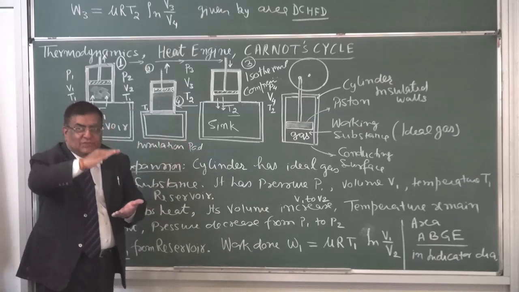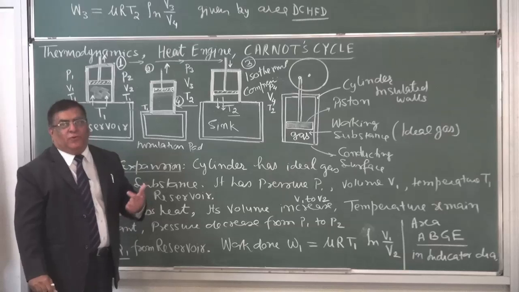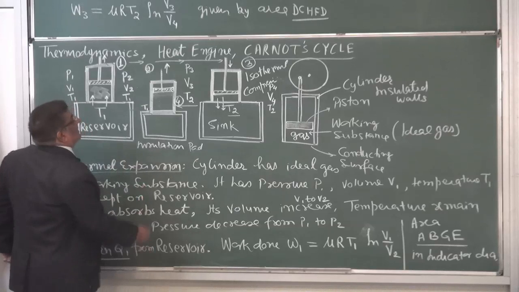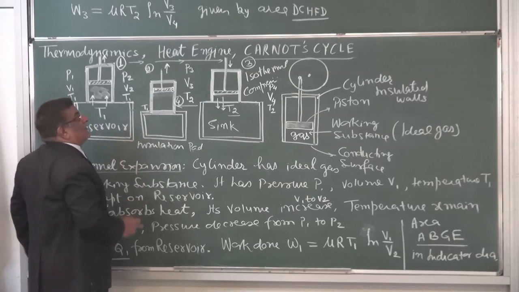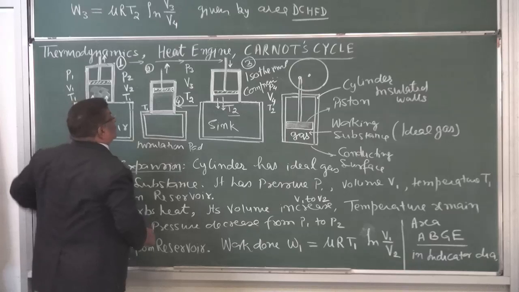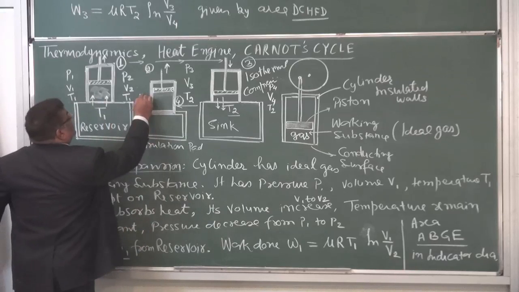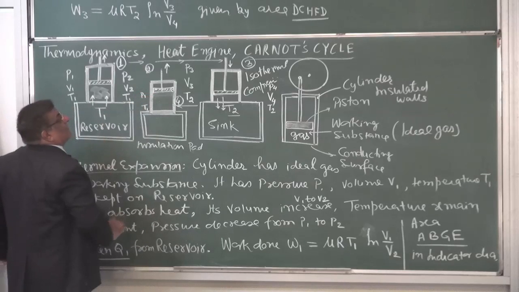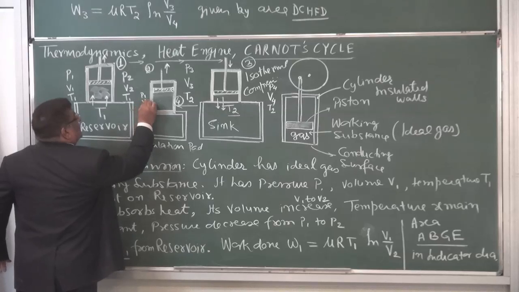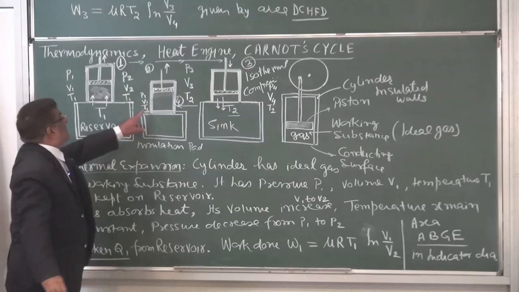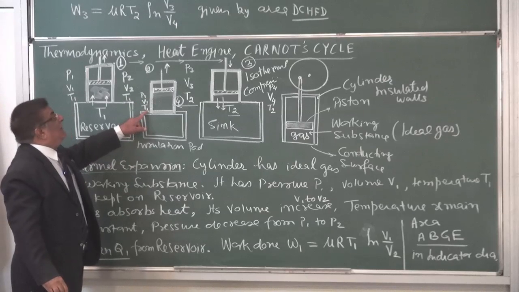The pressure is increased, the volume decreased, the temperature becomes T1. The pressure is increased so much that it becomes P1, the volume becomes V1, and the temperature becomes again T1.